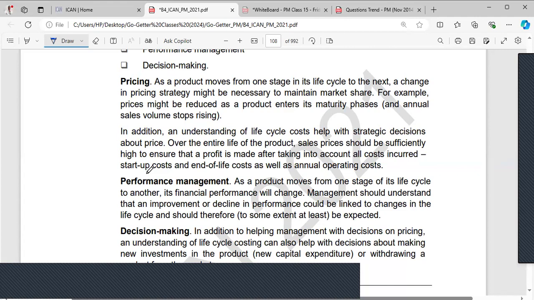For example, prices might be reduced as a product enters the maturity stage. Unlike the introduction stage, your price might increase in the growth stage because you are giving quality.